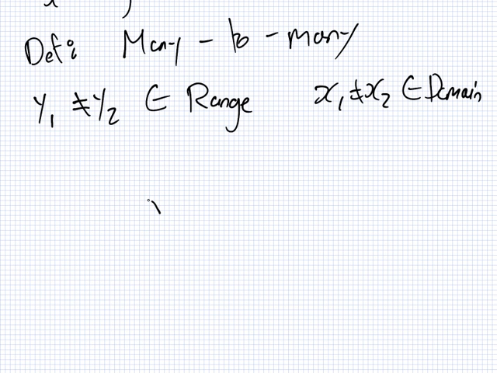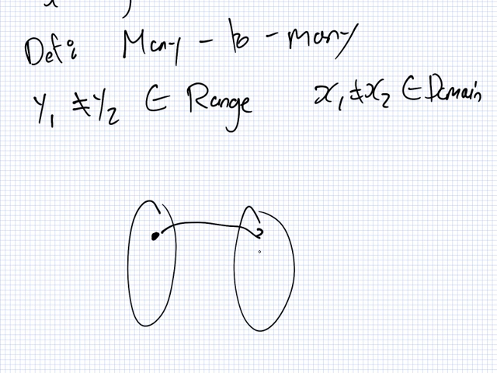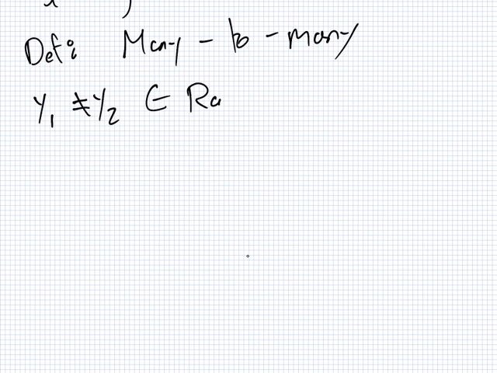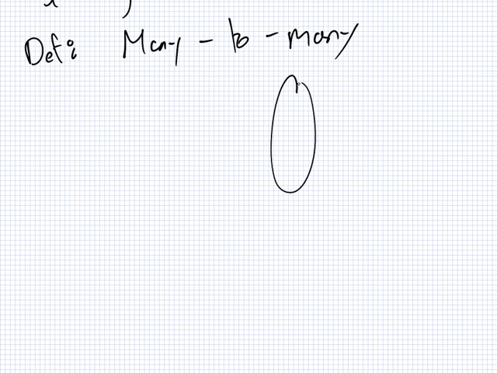This will help me. So many to many means you could have one here that goes to two values. And then you have another one here that goes to some, same one. Well, I suppose it doesn't have to be these two. So I'll make the definition a little bit neater then. So you could have one value that goes to 2, and then this other value here just needs to go to one of the values you already used.